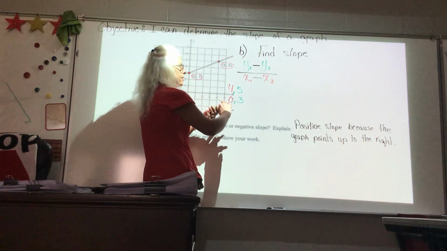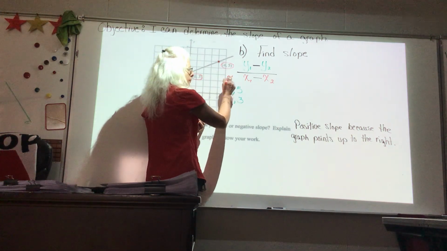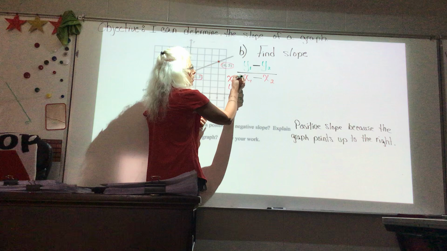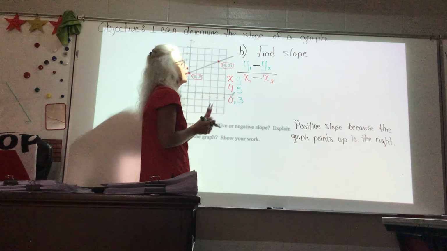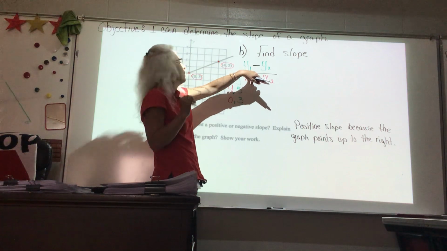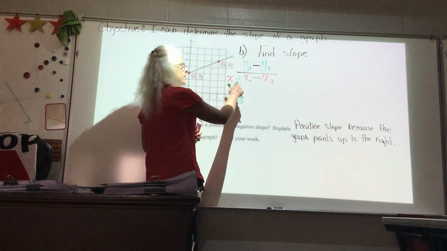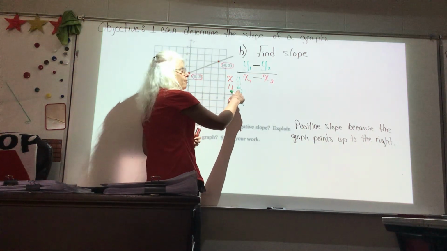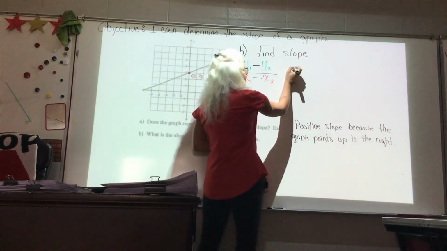Now we're going to use these ordered pairs to find the slope. The red is my x column. The green is my y column. So y sub 1 means go to your y column and write down the first y.